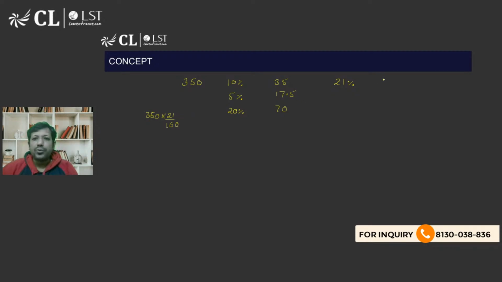So what I'm going to do, I am going to write it as 10% plus 10% plus 1%. So what is 10%? 10% of 350 is 35. What is 1%? 1% is 1/10 of 35. That is 3.5. So 21% comes out to be 73.5.